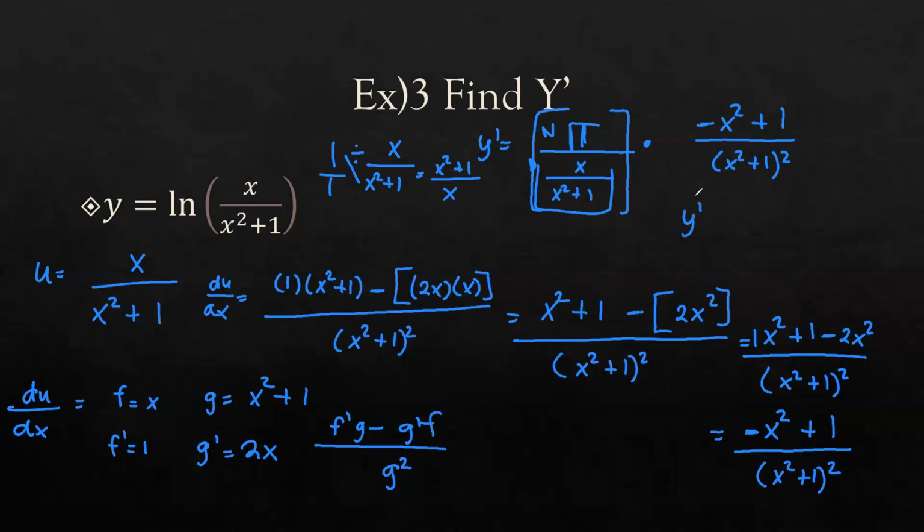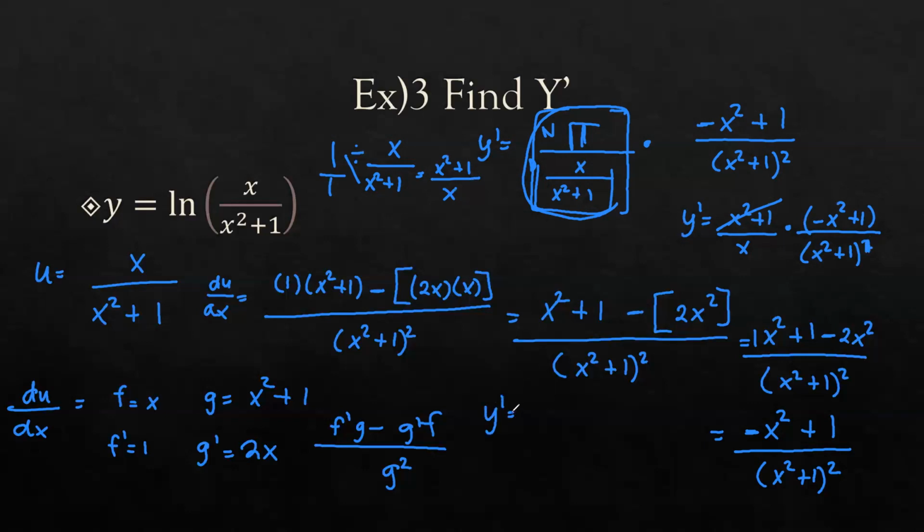So y prime equals x squared plus 1 over x times this. And what cancels? This cancels, and this becomes a 1.